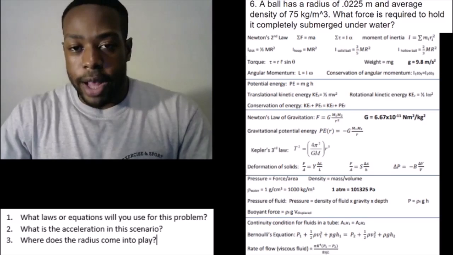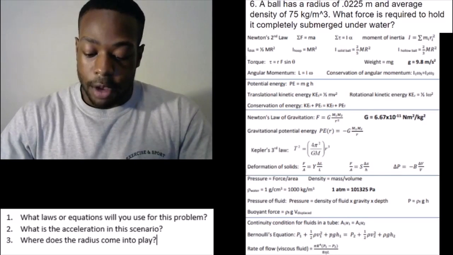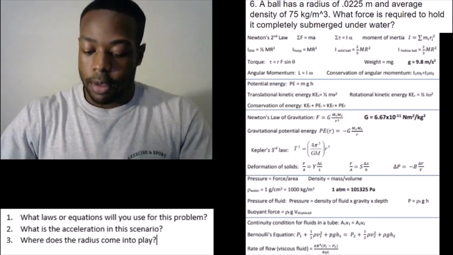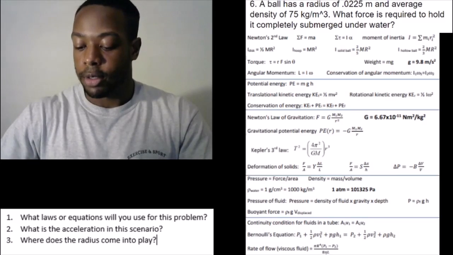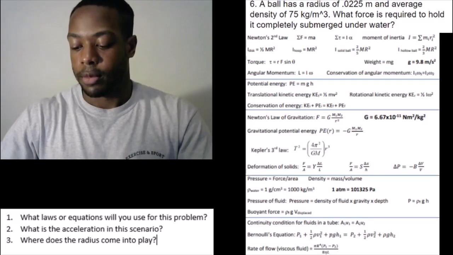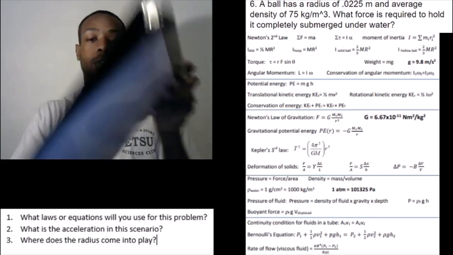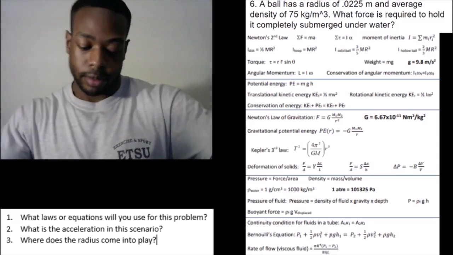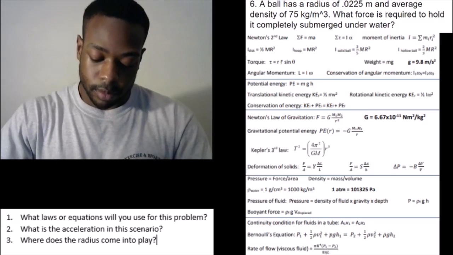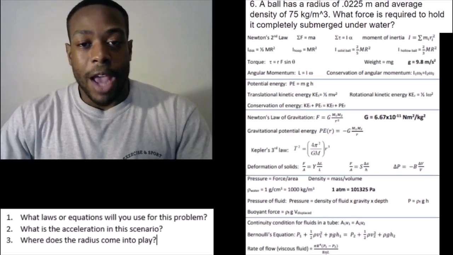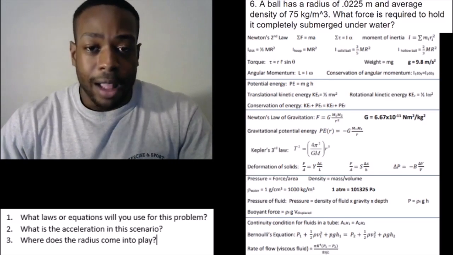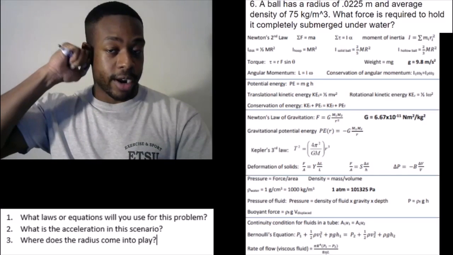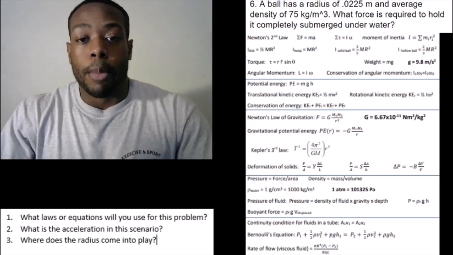You know that the density of water is 1,000 kilograms per cubic meter. Density of water. We know that gravity is 9.8, but we don't exactly know the volume just yet, right? We can figure it out.